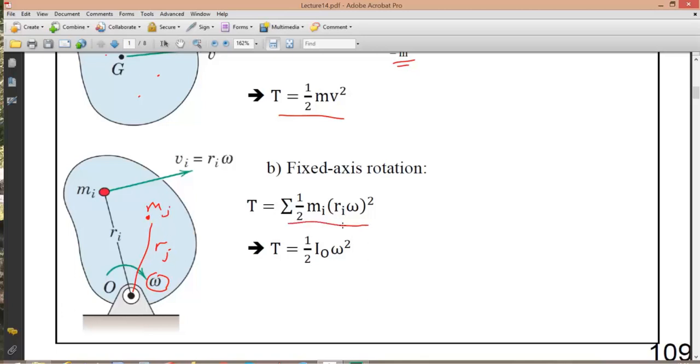We can add up all the terms, and if I rewrite this equation, because omega is the same for all the particles, I can take it out of the summation, and there we will have 1/2 omega squared, and inside the summation we're going to have m_i r_i squared.